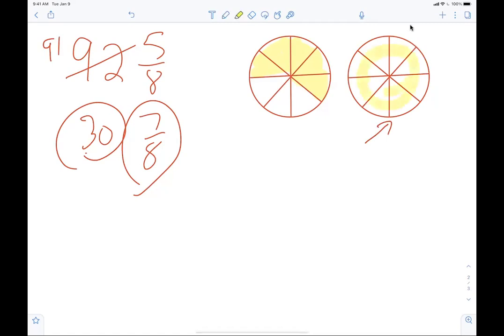How many 8s here? And how many here? So altogether I have what? I have 13 slices now. Now can this person eat 7? And if I eat 7, 1, 2, 3, 4, 5, 6, 7, I will have what? 1, 2, 3, 4, 5, 6 left over. And that's where that comes from.